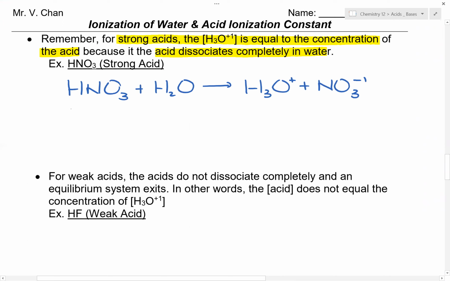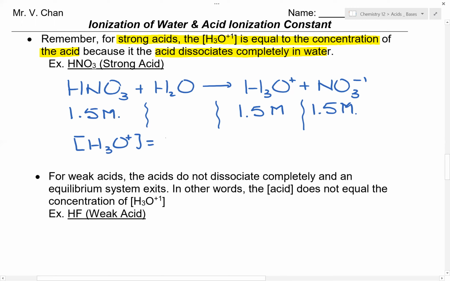So if we had a concentration here of 1.5 molarity, the concentration of H3O plus would also be 1.5 molarity. The concentration of nitrate would also be 1.5 molarity because it's a 1-to-1-to-1 ratio. So the concentration of H3O plus is usually equal to the concentration of the acid. And this has to be for a monoprotic acid.